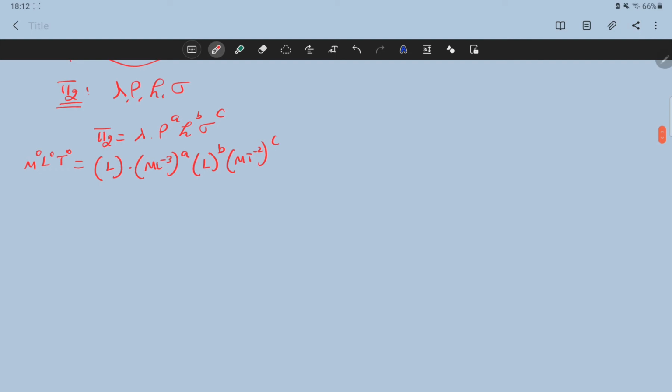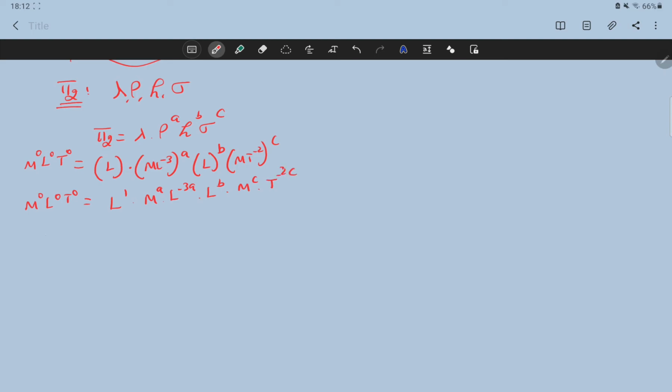So M0 L0 T0 equals L power 1 times M power a times L power minus 3a times L power b times M power c times T power minus 2c.